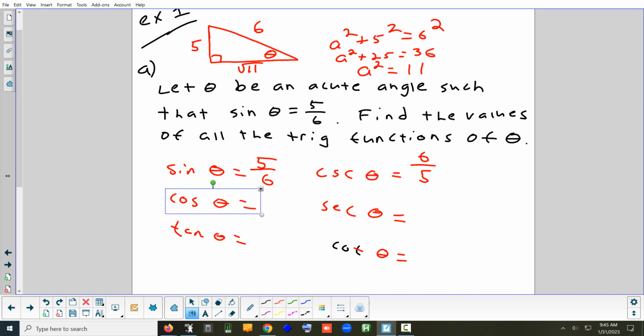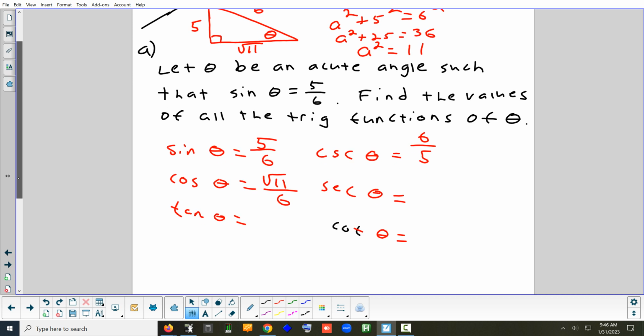What's my formula for cosine? Yep. Adjacent over hypotenuse. And what's adjacent over hypotenuse in that triangle? Square root of 11 over 6. Okay, so there's my cosine. And what about tangent? 5 over the square root of 11.